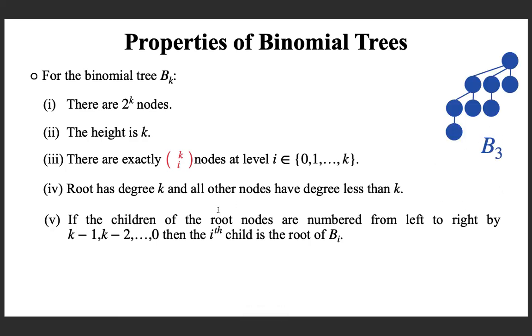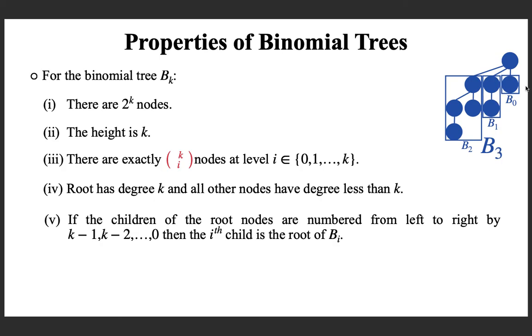If you look at B3, if you take k as 3, you can see that the leftmost child is nothing but B2, that is Bk minus 1. Then the next child is B1, that is Bk minus 2, k is 3, and then B0.